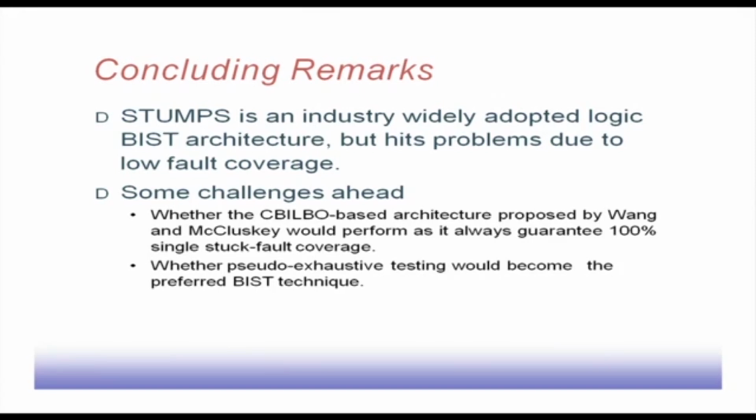There is some proposal that a C Bilbo based architecture could perform, but whether this will give 100% fault coverage or not is a question that is not yet established in the C Bilbo. And there is the question of whether pseudo exhaustive testing would become the preferred BIST technique. So, instead of going for pseudo random testing, should we go for pseudo exhaustive testing?